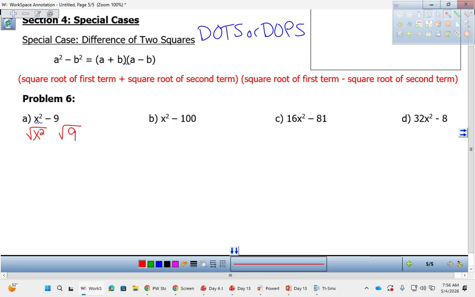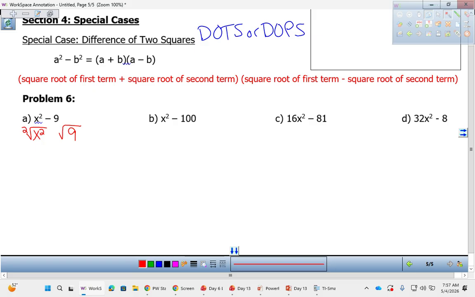Now, last unit we learned that if there's not a number on the outside, what's technically out there? 2. For a square root, when you square something, it's a 2. So a lot of times last unit we had 3s out there and 4s out there. But when nothing was out there, you can imagine that it's a little 2. And the way that you do simplifying a variable is you do the inside number divided by the outside number.